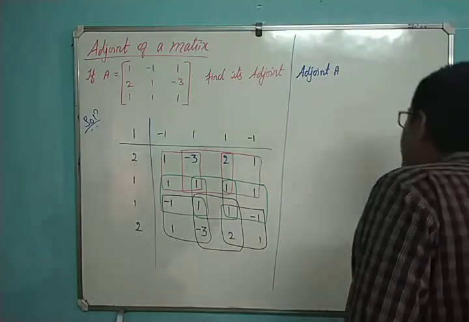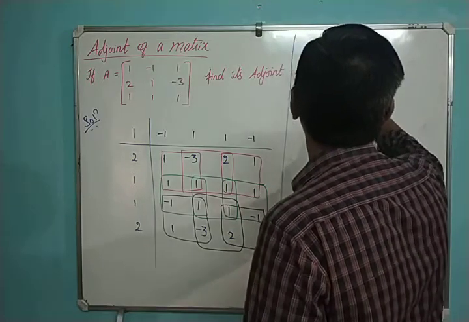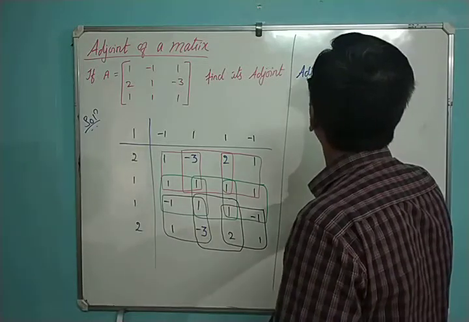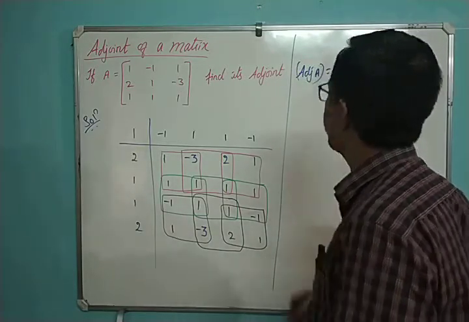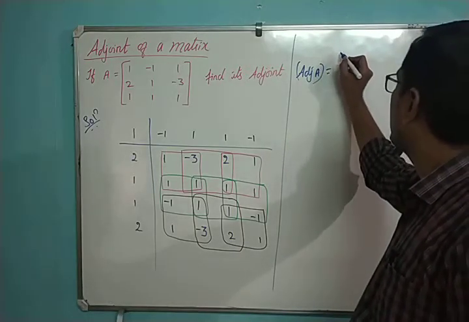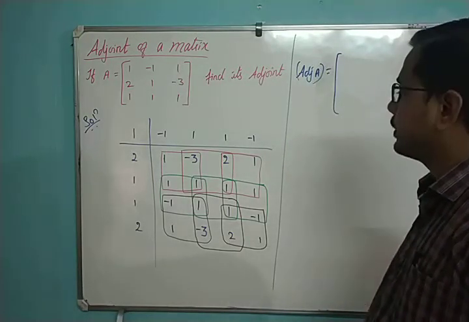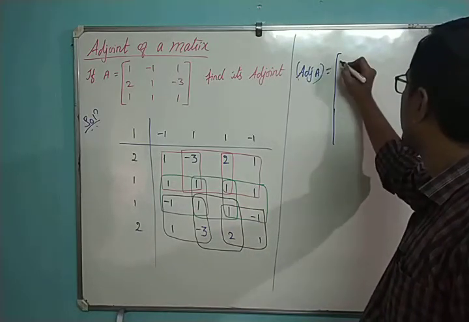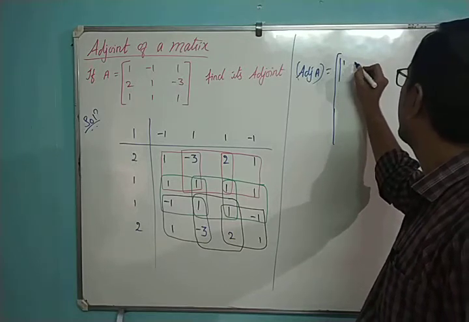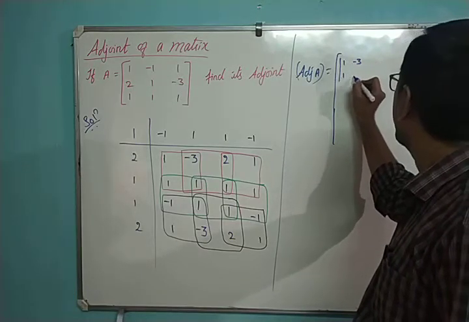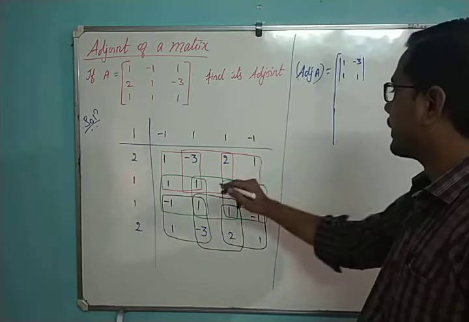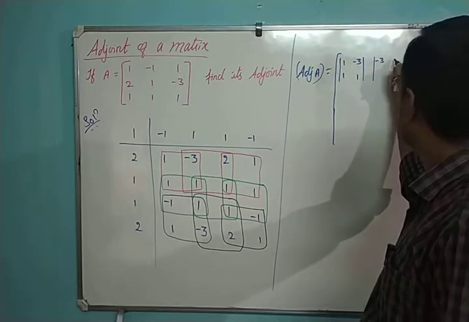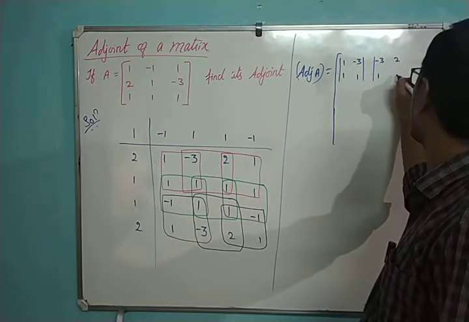Or I can write it as adjoint of A equal to this. The first determinant is 1 minus 3 1 1. Next, the second determinant will be minus 3 2 1 1.